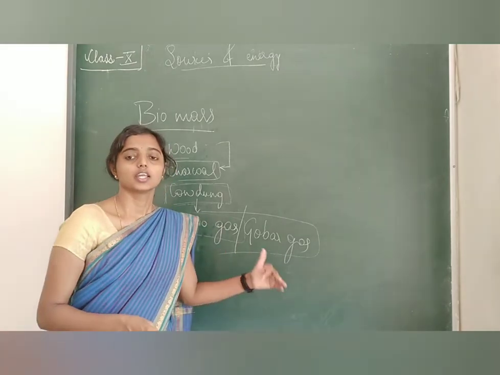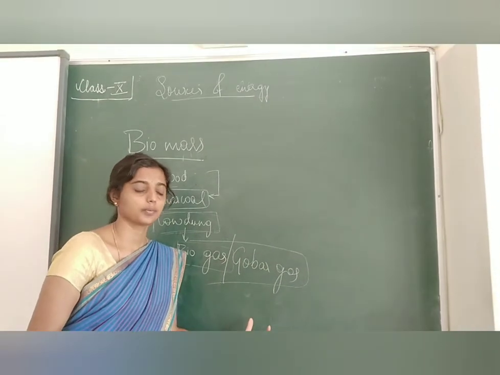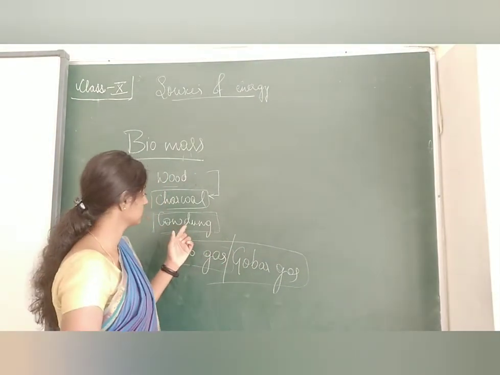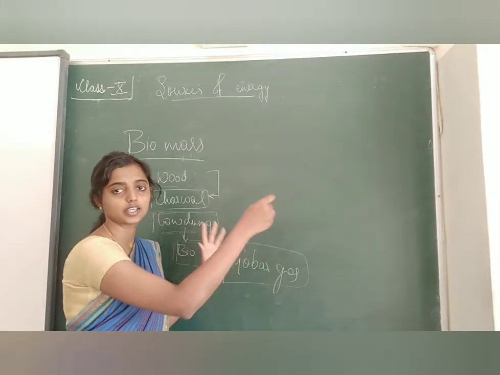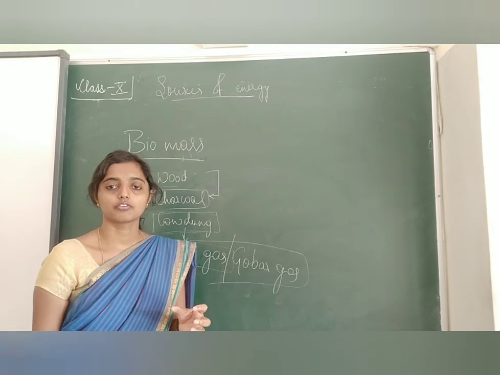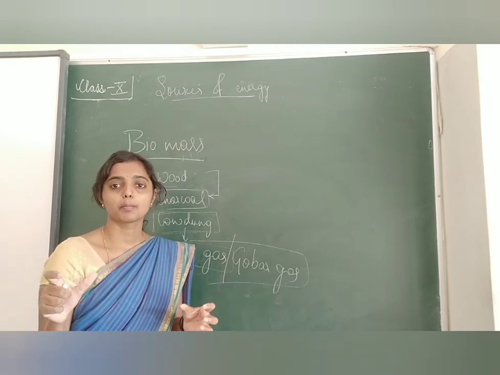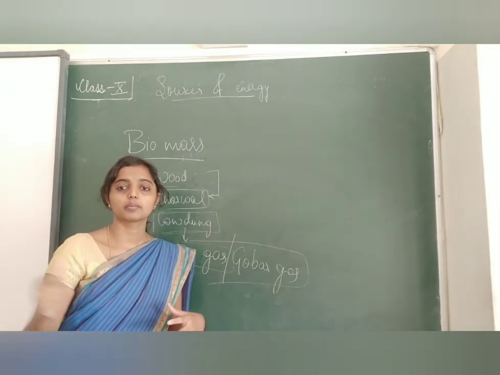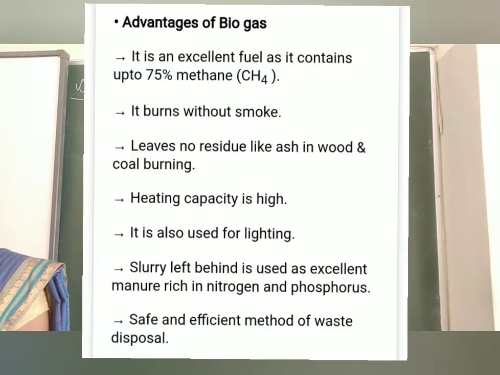And one more thing, in this process of converting this cow dung in the tank and all the procedure, what happens? They will leave the extra waste that can be used as manure, right? That means it is rich in nitrogen and phosphorus.